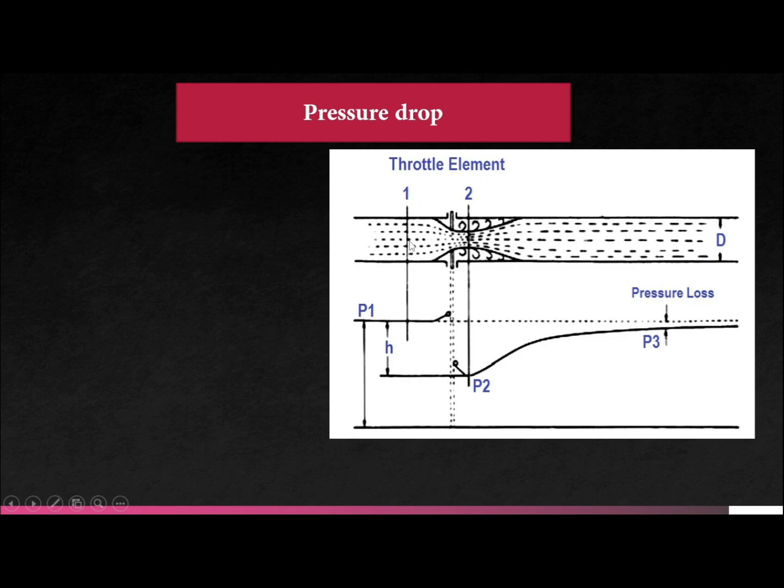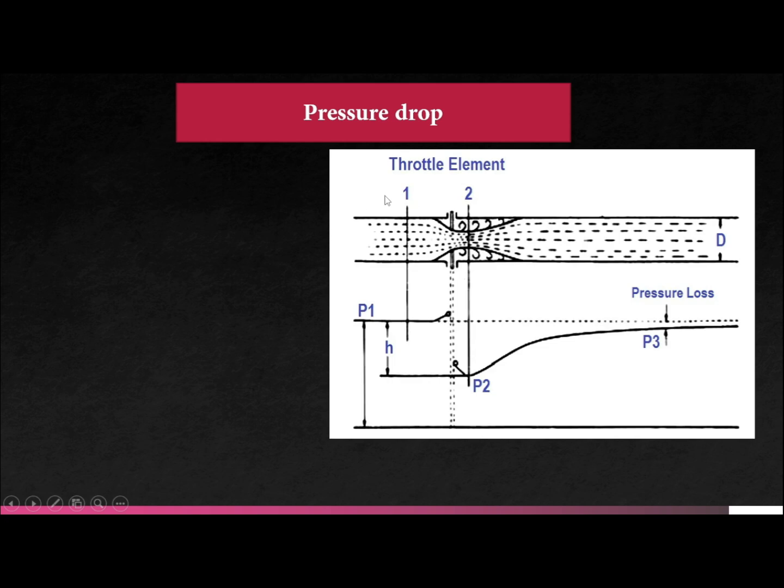Here some pressure is there, P1 is there, and because of this orifice, P2 is created. After this, some pressure loss has happened here, and we gain back this pressure, but in some places we are unable to gain 100% pressure.